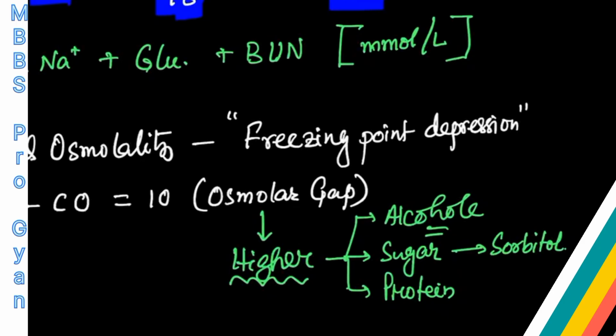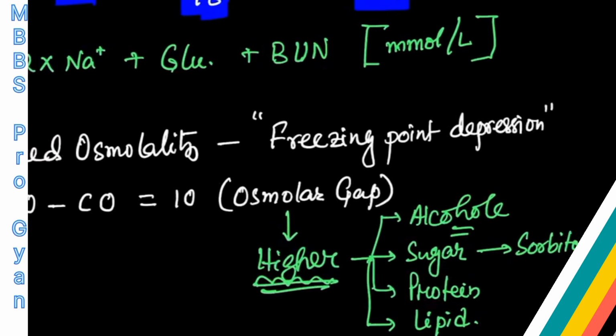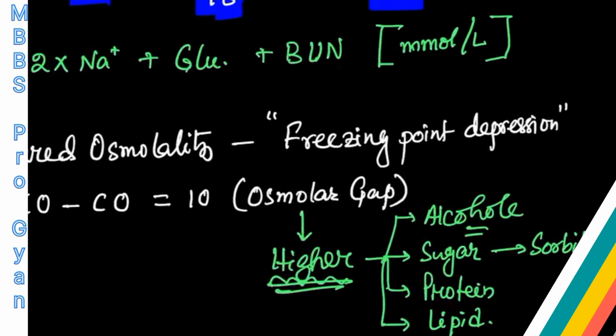increases. Similarly, if a huge amount of protein, hyperproteinemia, is present, then also the osmolar gap increases. Similarly, if a huge amount of lipid is present in the plasma, hyperlipidemia due to any cause, that can also increase the osmolar gap.